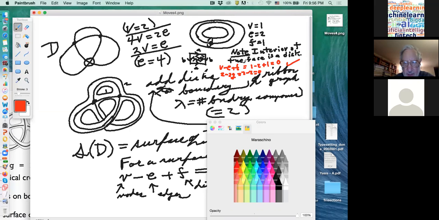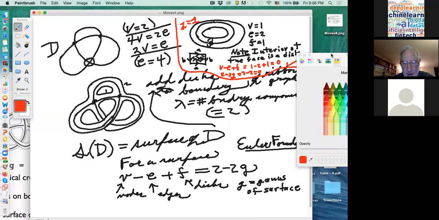Check, right? Genus is equal to 0. I'm sorry, genus is equal to 1. 2 minus 2 is 0, so it is 0, right? So that's an example of the theorem. And that's what's happening here as well.